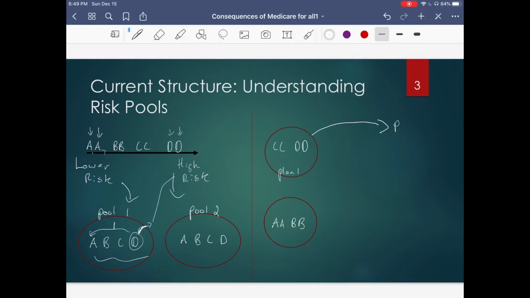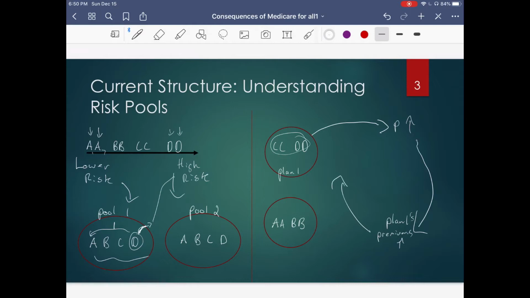overall risk increases. So risk is going up because you have 4 high risk individuals. This results in plan one's premiums increasing. So cost is going up.